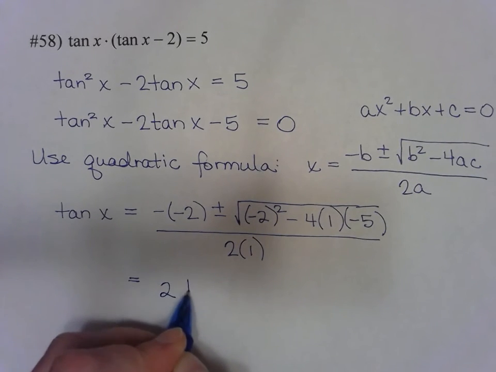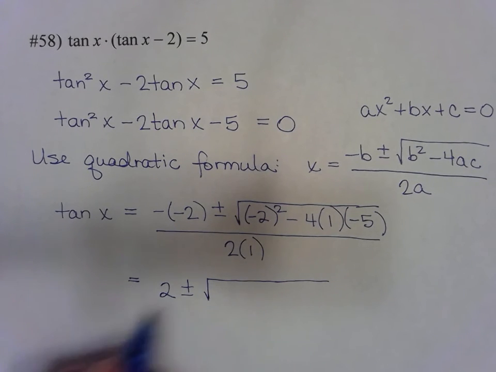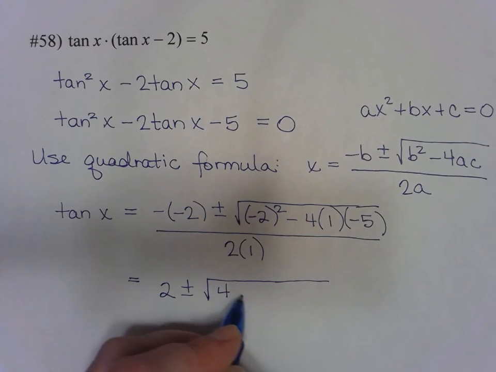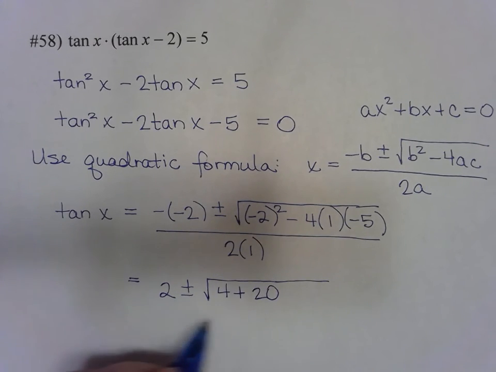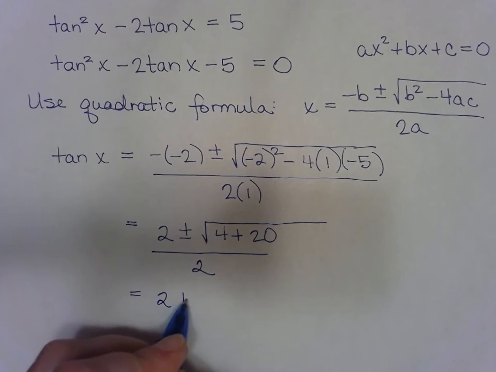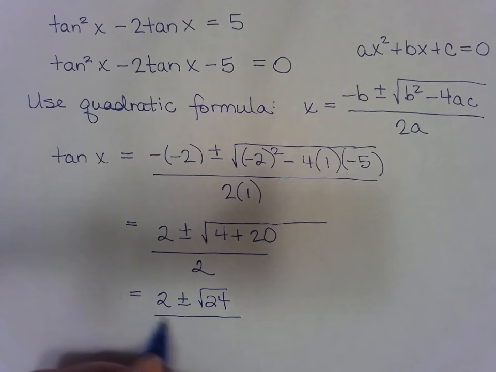So that's 2. Plus or minus the square root of 4. Negative times the negative becomes a plus 20 over 2. So that's 2. Plus or minus the square root of 24 over 2.